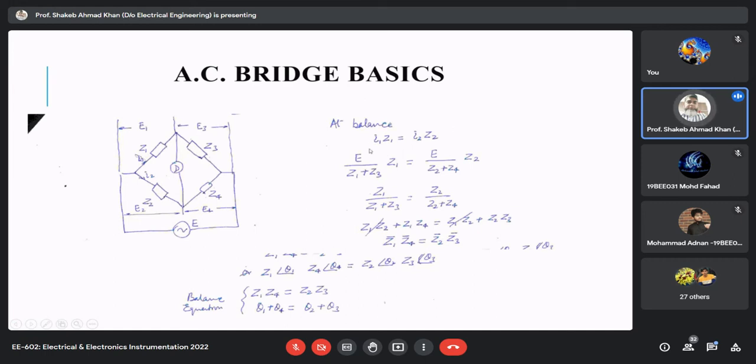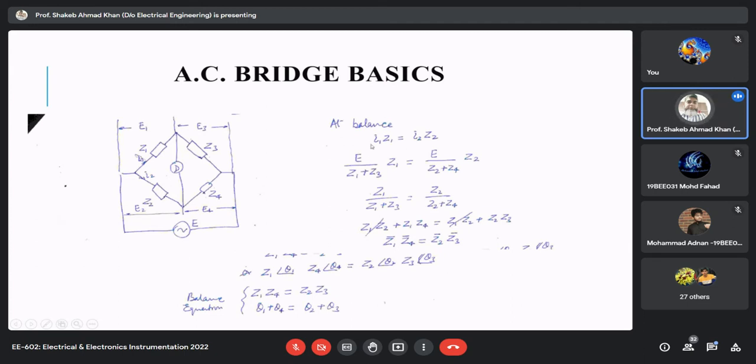So these equations are not scalar equations. Now, in the case of AC, these equations are basically complex numbers. Your I is also a complex number, your Z is also a complex number. So although I'm writing it simply, it is having two parts.